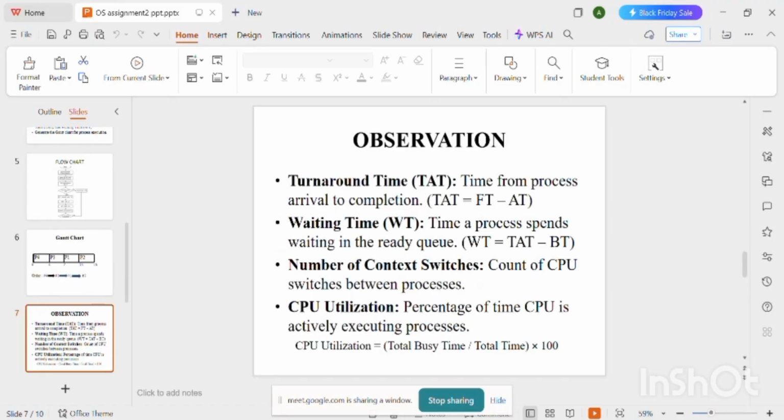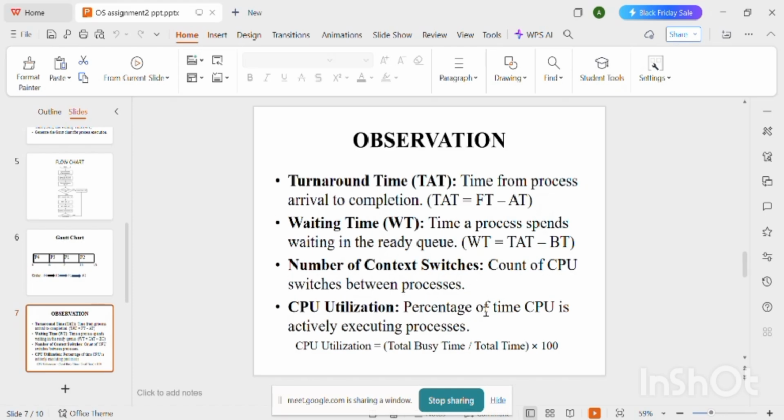Observation. Turnaround time: total time from when the process arrived to when it finished. Waiting time: time a process spends waiting in the ready queue. Number of context switches: the count of CPU switches from one process to another process.